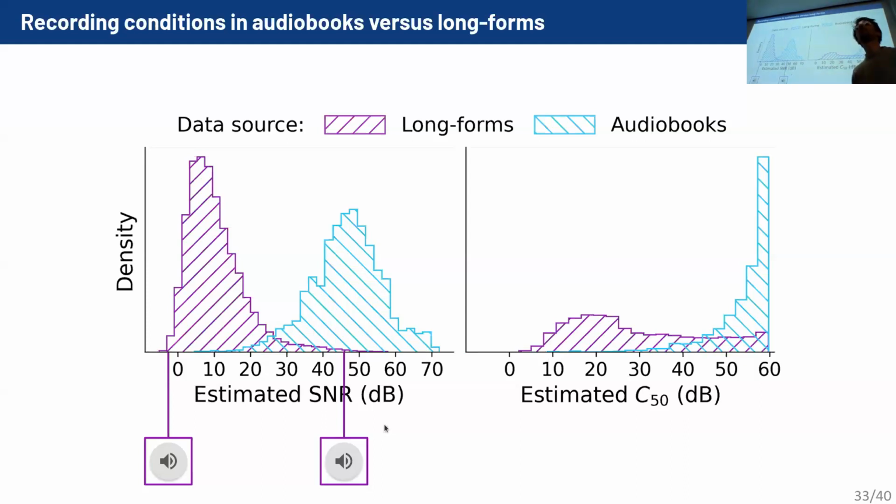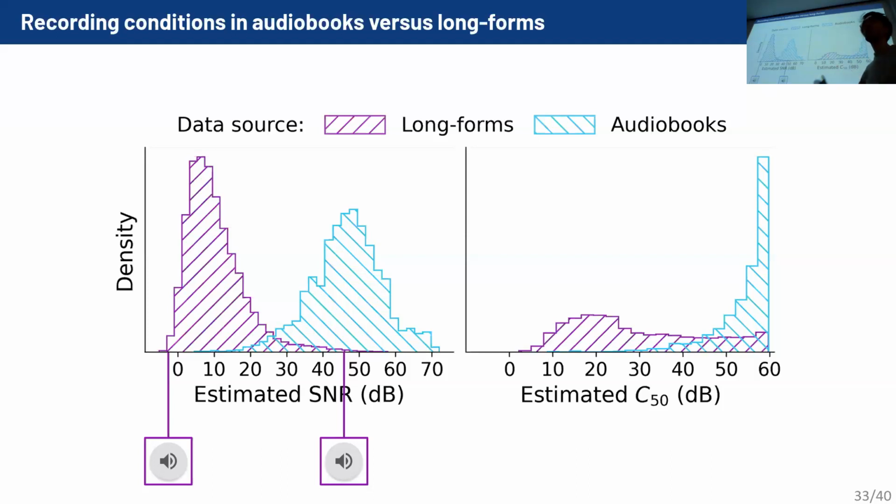Here the speech signal is a bit cleaner. It stands out more than the background noise. We did the same with the C50 measure, which is a measure of reverberation. Again, we compare audiobooks with long forms. We see that audiobooks have quite good reverberant conditions, very little reverberation, higher is better.